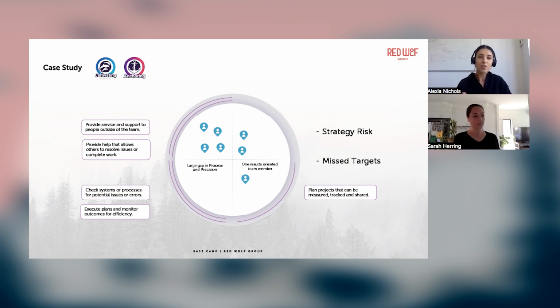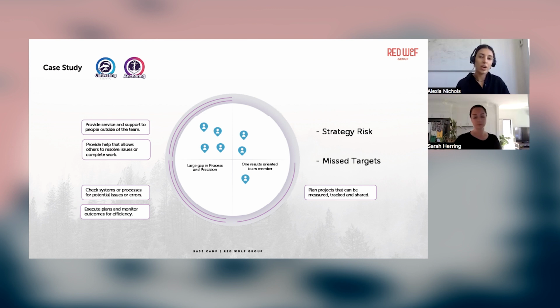So if we do nothing, we've got potential strategy risk that might occur, and that's going to lead to missed targets. So this team might not be hitting these objectives 100%. They might be missing their KPIs. They might be missing any types of goals that have been set. And we know that that can be disheartening to a team, especially if they feel that they're putting the output in. So they're trying their best to achieve the objectives, but they're not hitting the mark.